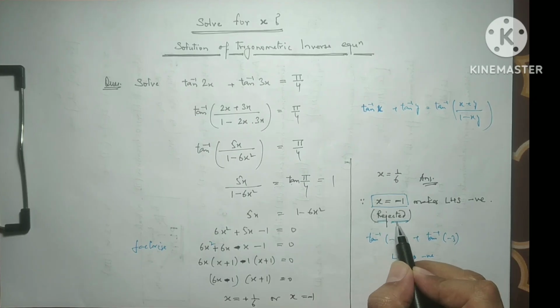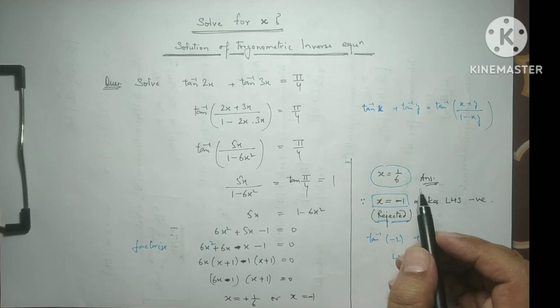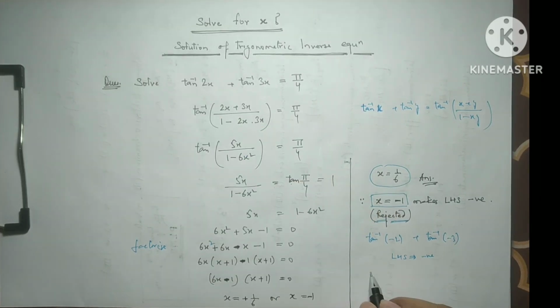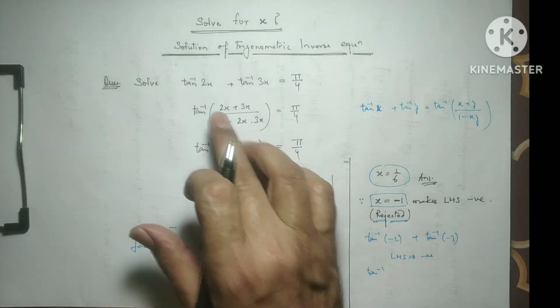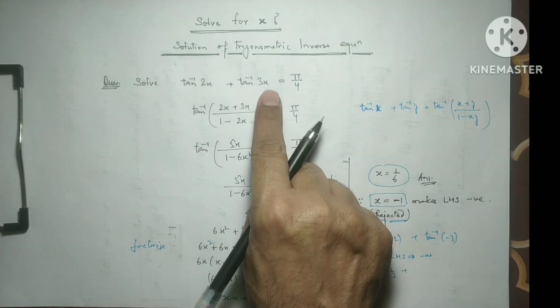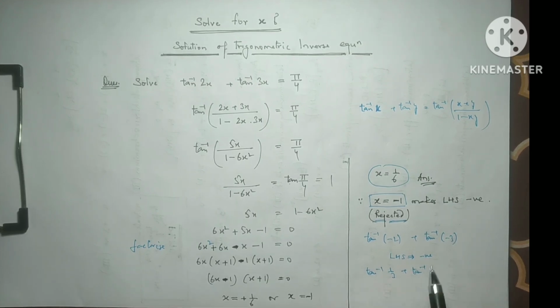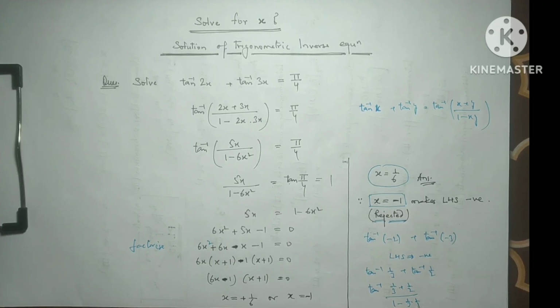So this answer is not accepted, or you can say it is rejected. The result which will be accepted is x equals 1 by 6. When we put this, it is tan inverse of 2 by 6, which is 1 by 3, and when we put this on this side we get tan inverse half. On applying this formula we get tan inverse of 1 by 3 plus 1 by 2 over 1 minus 1 by 3 times 1 by 2.